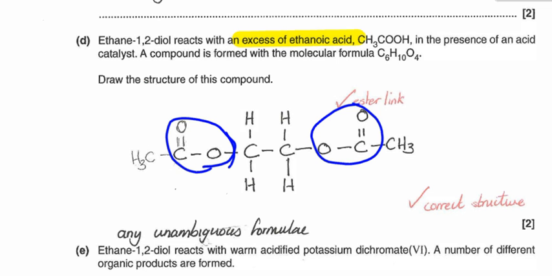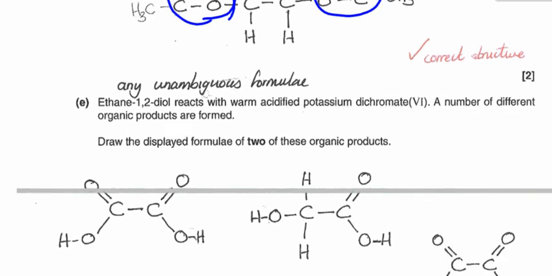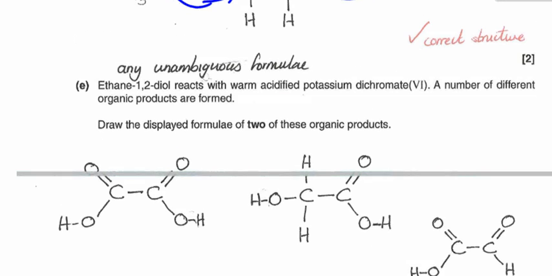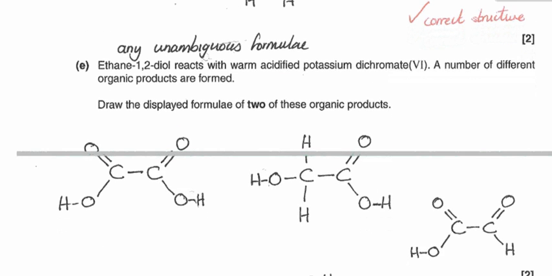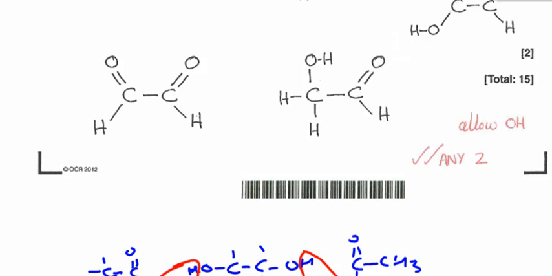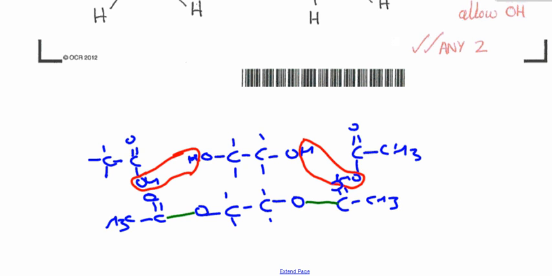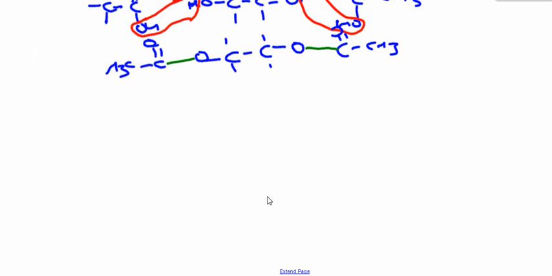Okay, so down from there, we have ethane 1,2 diol reacts with warm acidified potassium dichromate. You have a number of different organic products formed. Now I'll come back to these organic products. I'm going to zip down to the bottom of the page again, I think. Again, so what this final question is saying, again, that you've got this diol, and you've got acidified potassium dichromate.